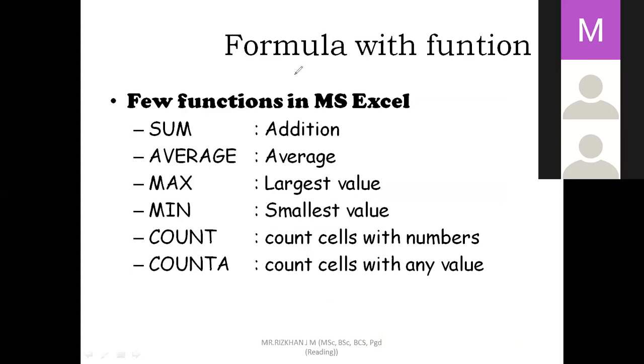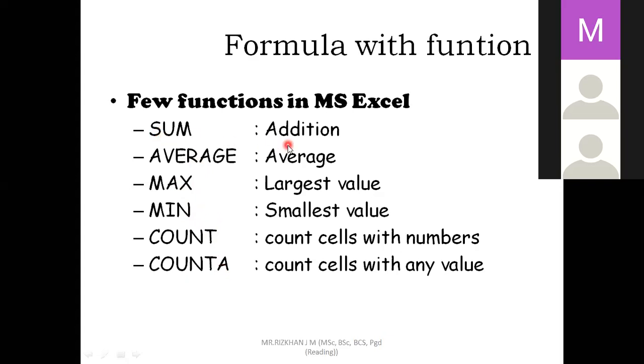In Excel, we have many functions. There are more than 100 functions in Excel. But here we are going to study only 6 functions: sum, average, max, min, count, count A.